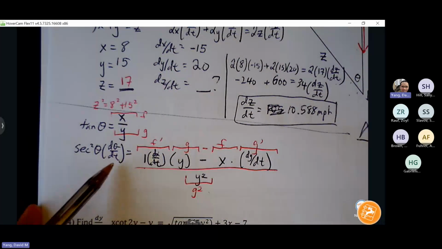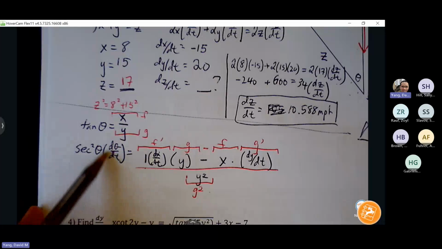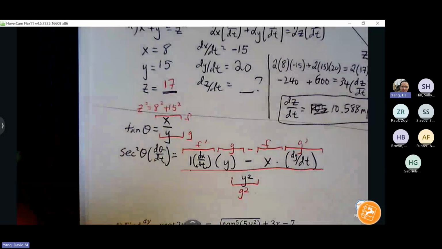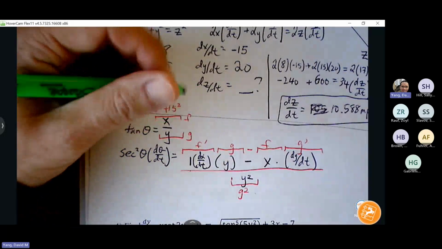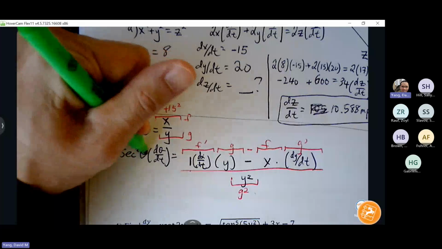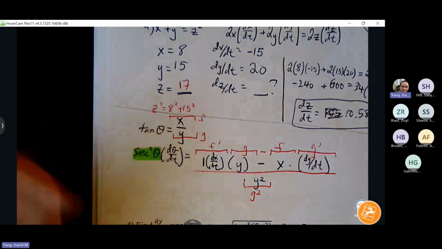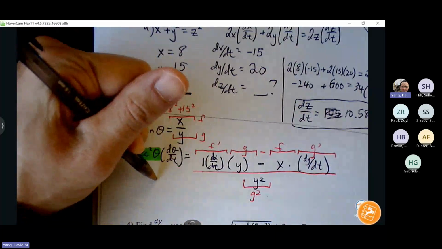We're starting with d theta dt. That's the unknown, so that's the variable that we want to get by itself. We want to make sure there's one last piece of information that we need, and that's not just theta, it's secant squared theta. We want to find a replacement for secant of theta, and then we can square that ratio. So we can step to the side and build our second triangle.